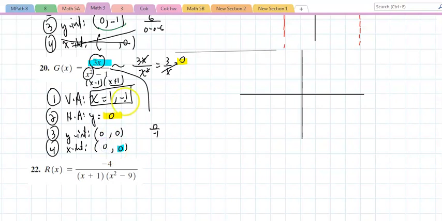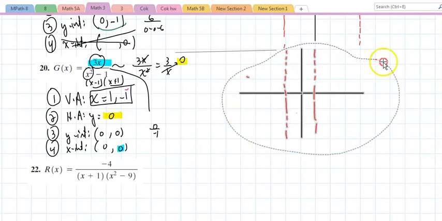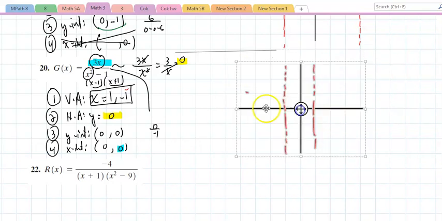So I have a vertical asymptote at 1. This graph can never cross x equal 1 because that's not in the domain. And I have a negative 1 as well. The graph will never be able to cross those two numbers. I'm going to push that 1 unit down. It seems to be, there we go.